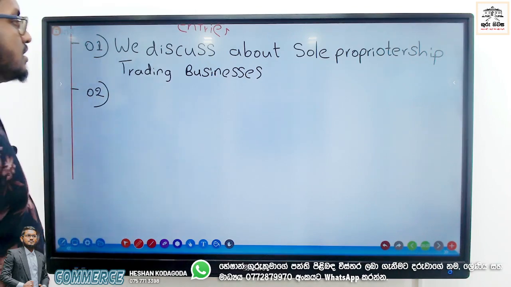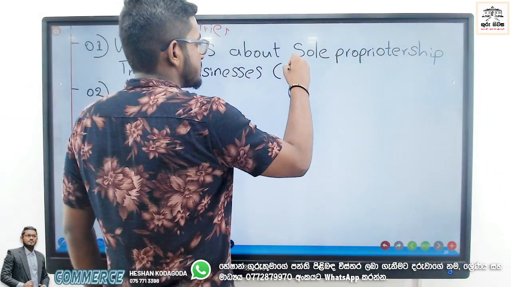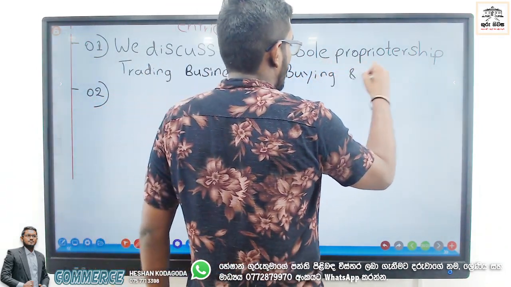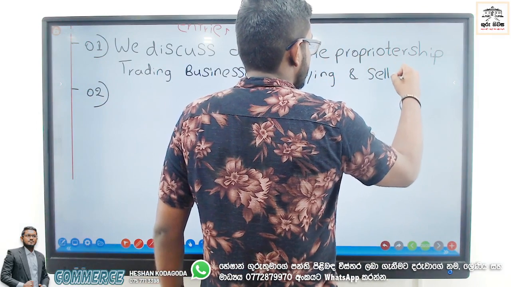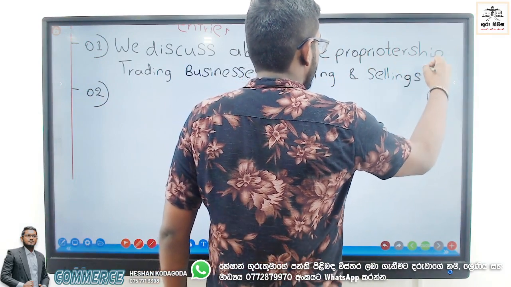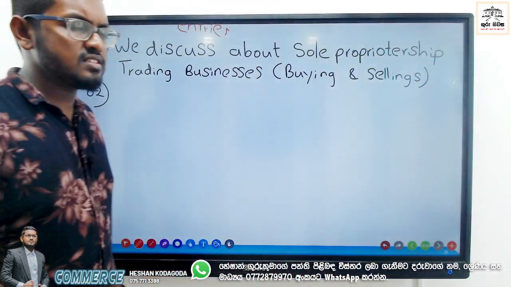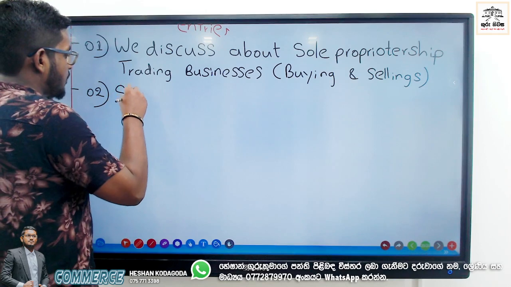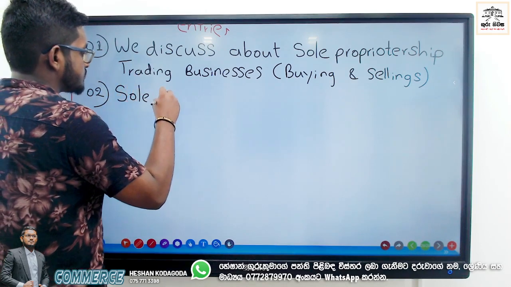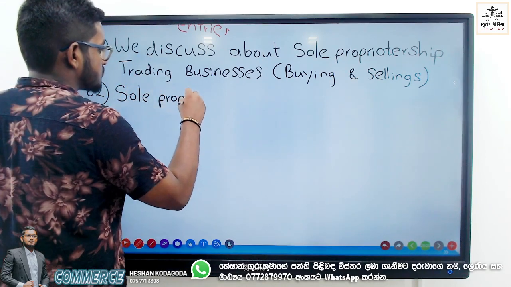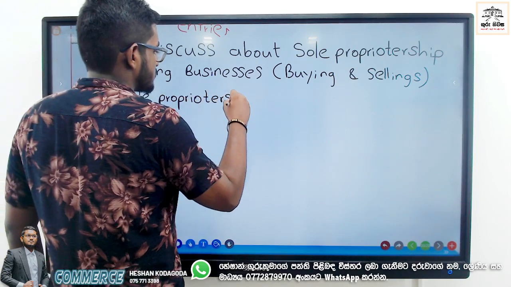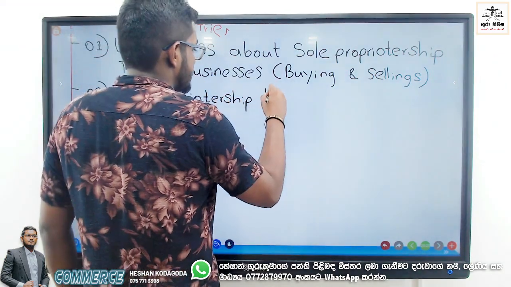Trading means buying and selling. There are 8 types of business organizations, but out of these we discuss sole proprietorship. Number 2: sole proprietorship businesses prepare two kinds of financial statements.